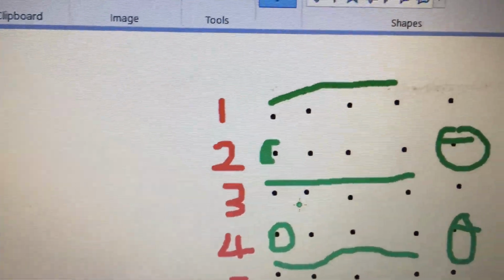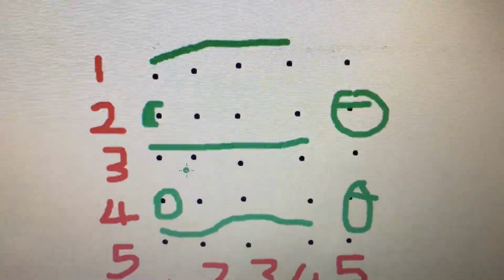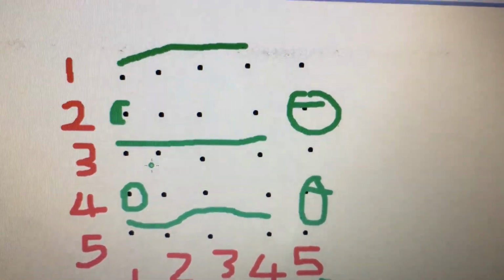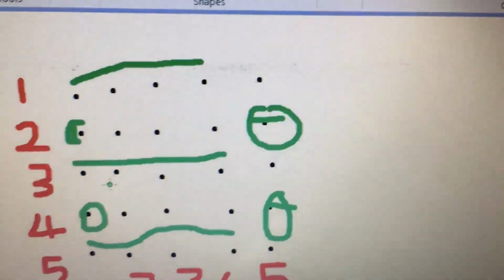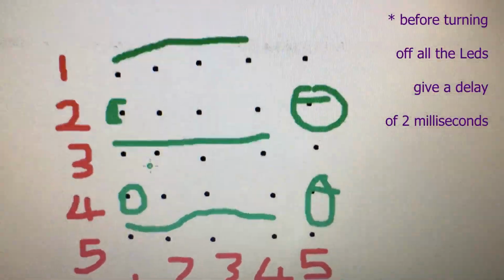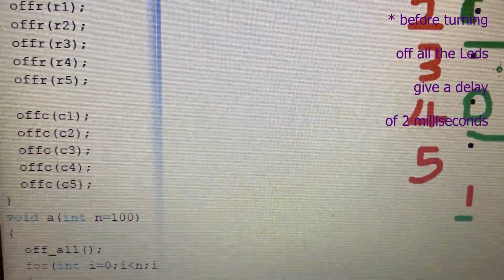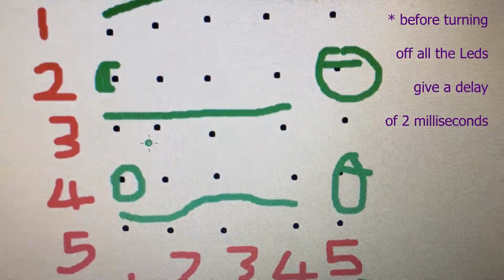So, as we know, the LEDs are polarized, and we can only turn one on with one positive, one negative. We can't flip the pins around and turn it on. So that's what we are doing here. Okay guys, and this turn off function will turn off all the LEDs here. So none of the LEDs will be lit now.